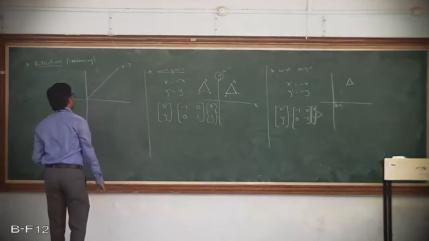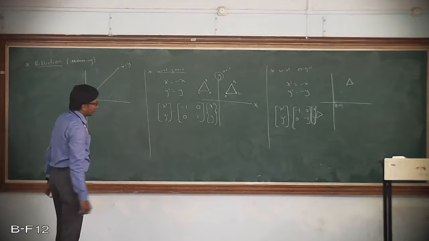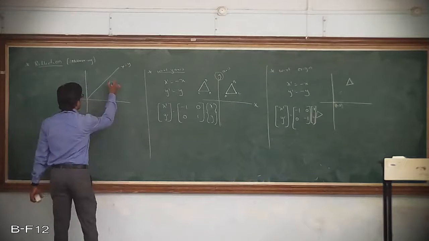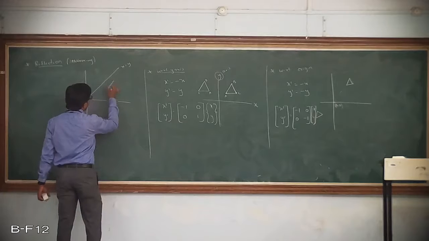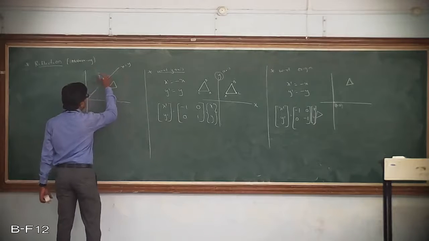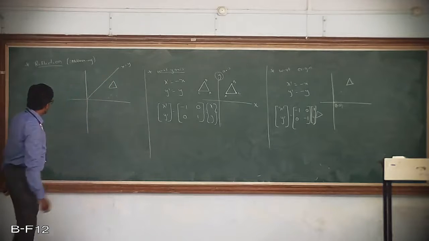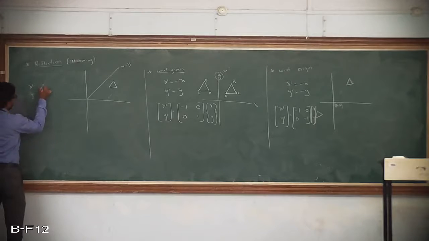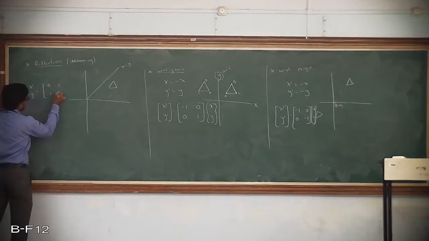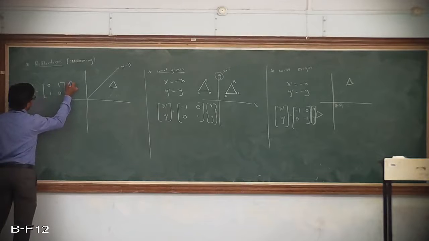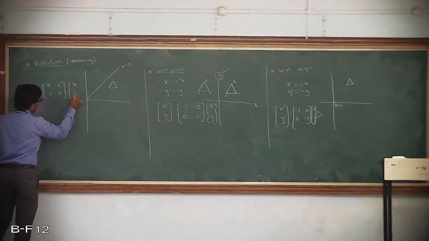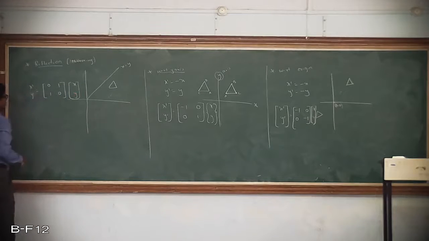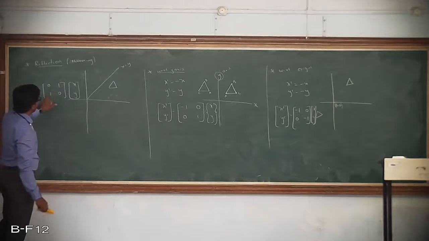This is called X is equal to Y. Both orientations are the same. If the component is somewhere here, I want to reflect it with respect to this particular object. Its coordinate system X dash Y dash will be equal to 0 1 1 0 times X Y. So you need to remember this: 0 1 1 0.